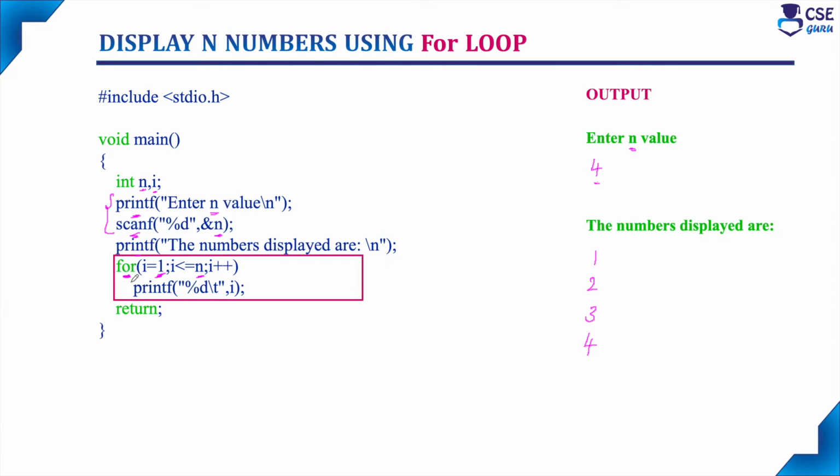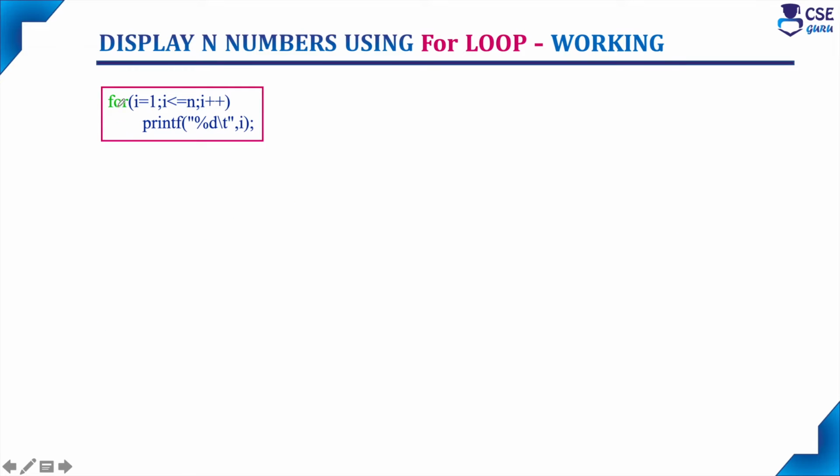So now we will trace the logic of this for loop. This is the main logic in this program: for i is equal to 1, i less than or equal to n, i plus plus. Already we have discussed there are 3 parts in a for loop. The first expression is the initialization expression, that is, the variable used within the for loop has to be initialized first.